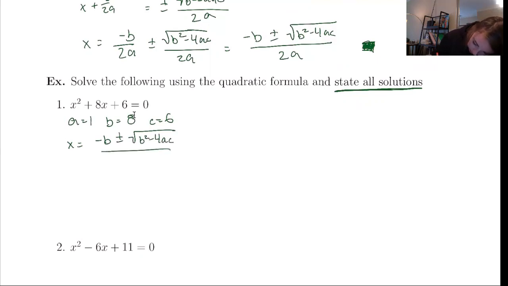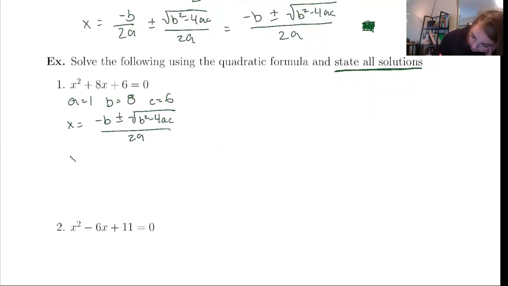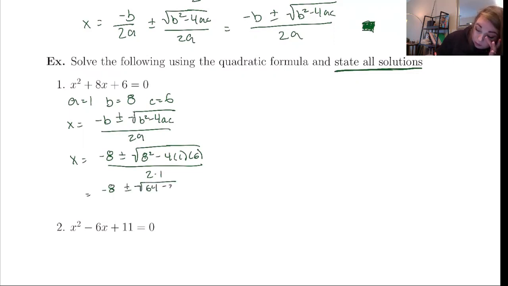If you want, write the whole quadratic formula out first. And the jingle really helps remember it, so don't knock it until you sing it. All right. So x is going to equal negative b, so negative 8 plus or minus the square root of 8 squared minus 4 times 1 times 6, all over 2 times 1. And that's negative 8 plus or minus the square root of 64 minus 24, divided by 2.